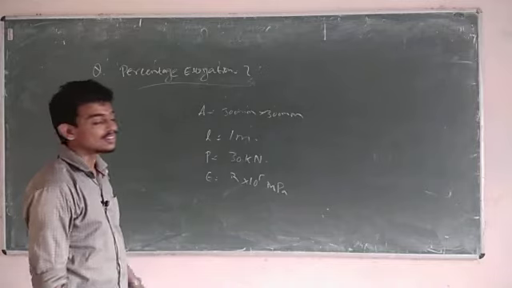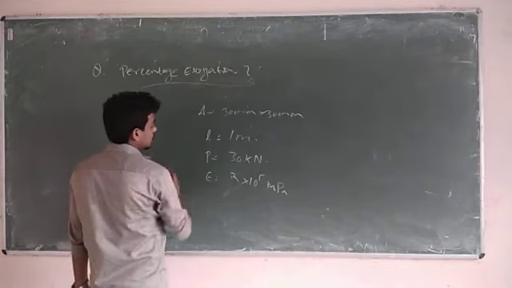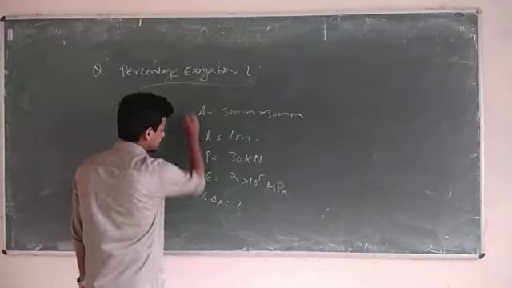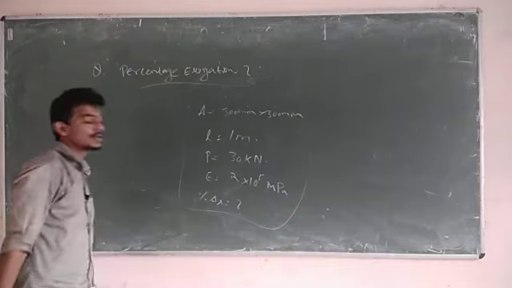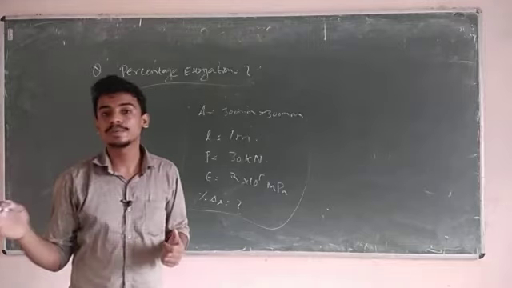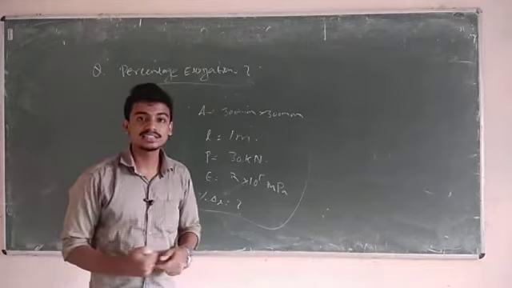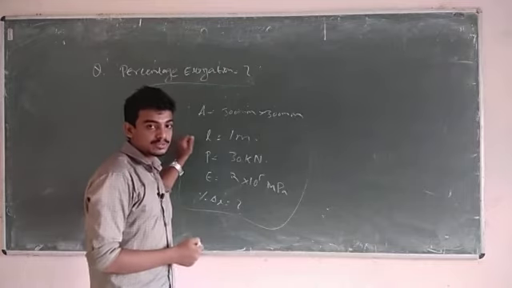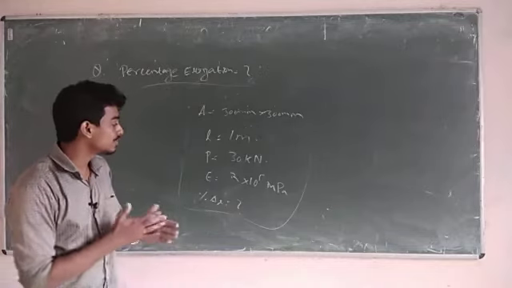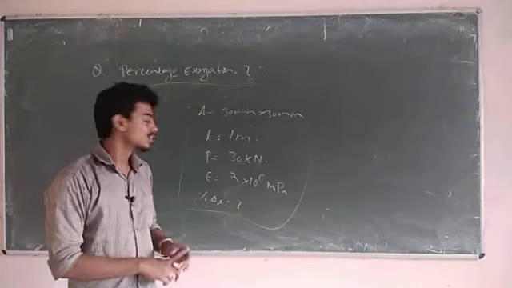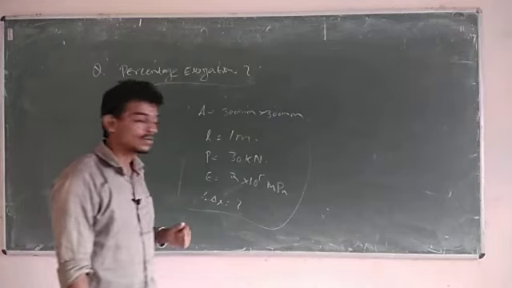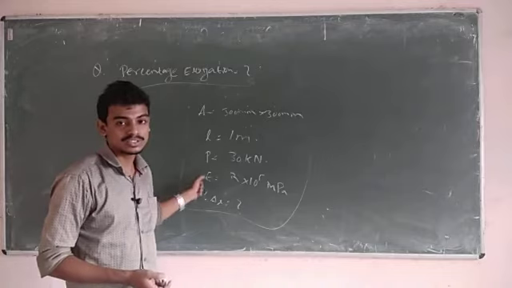Now find out the percentage elongation. All the data are given. First find out the elongation by putting the formula PL by AE, then find out the percentage elongation. It is the easiest problem, try to solve. If you are not able to solve, then contact me. In the next class I will tell the answer and the procedure of this problem.